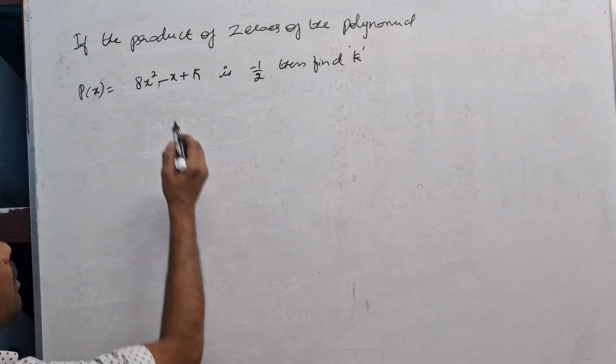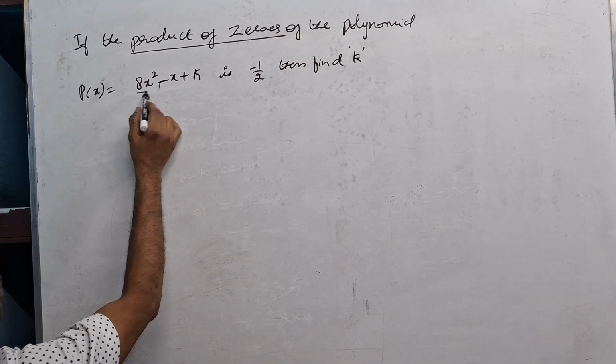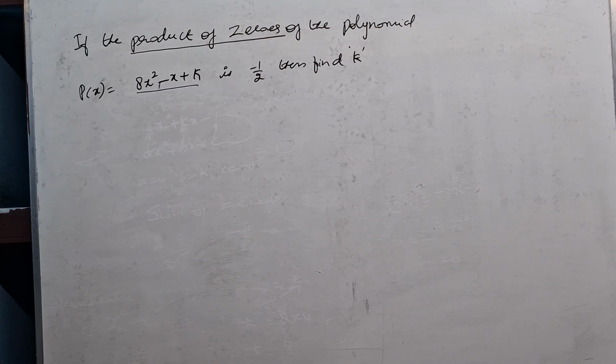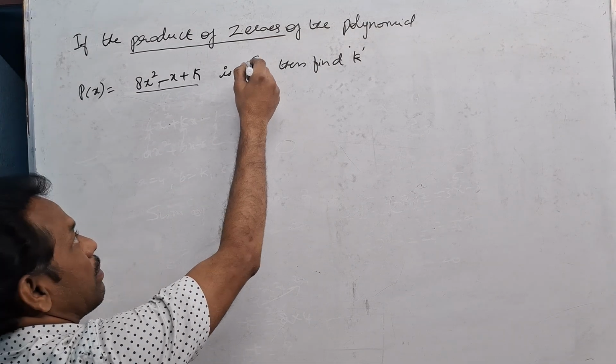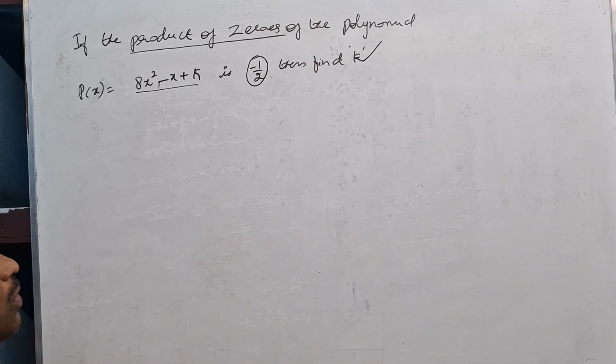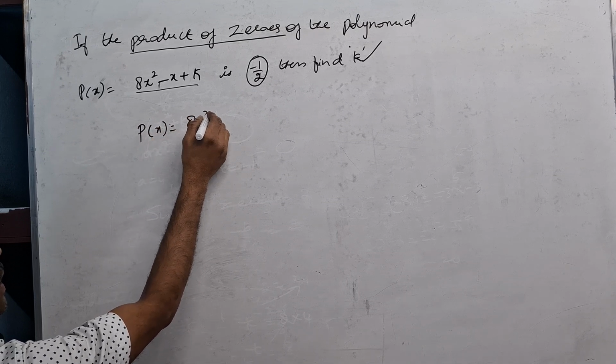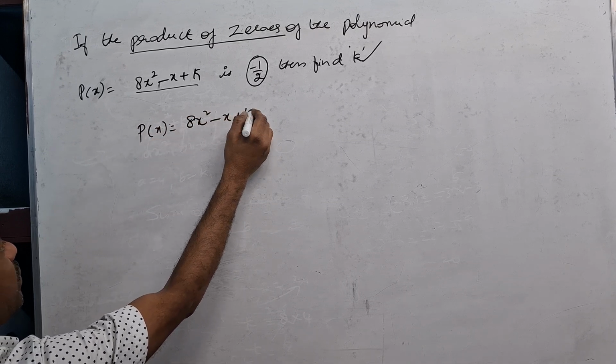In this question, given that the product of the zeros of the polynomial 8x² - x + k is -1/2, and we need to find the value of k. So our polynomial is 8x² - x + k.